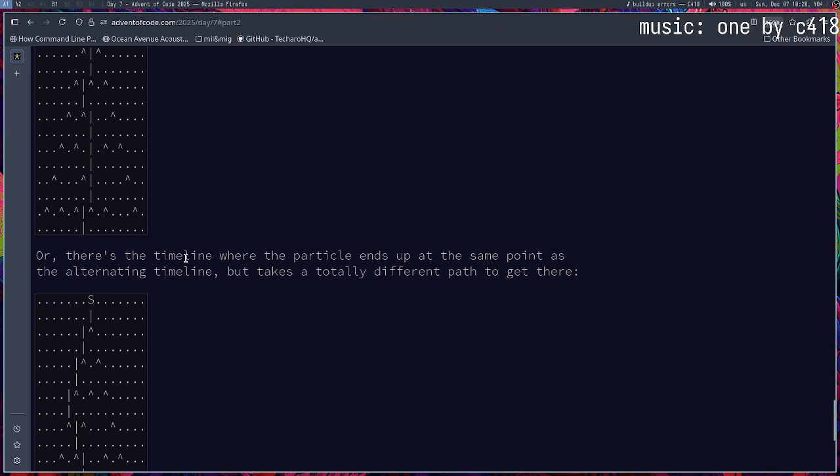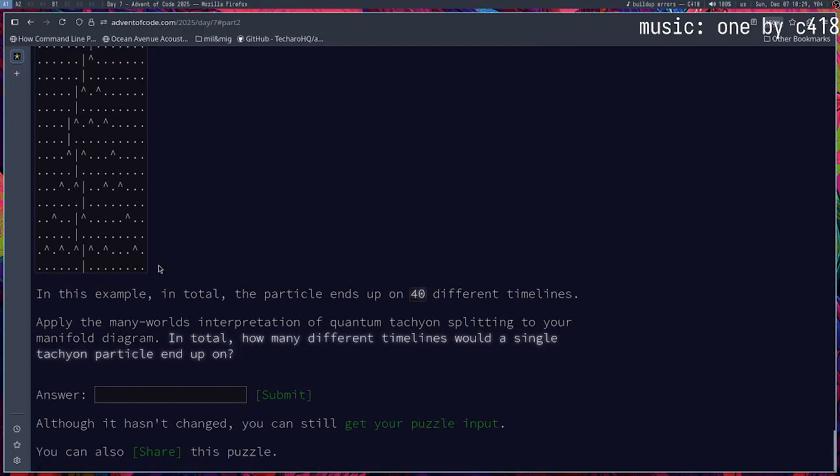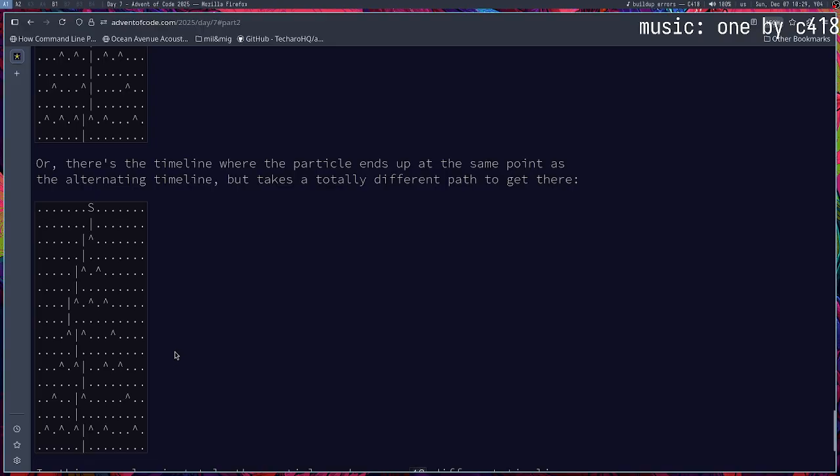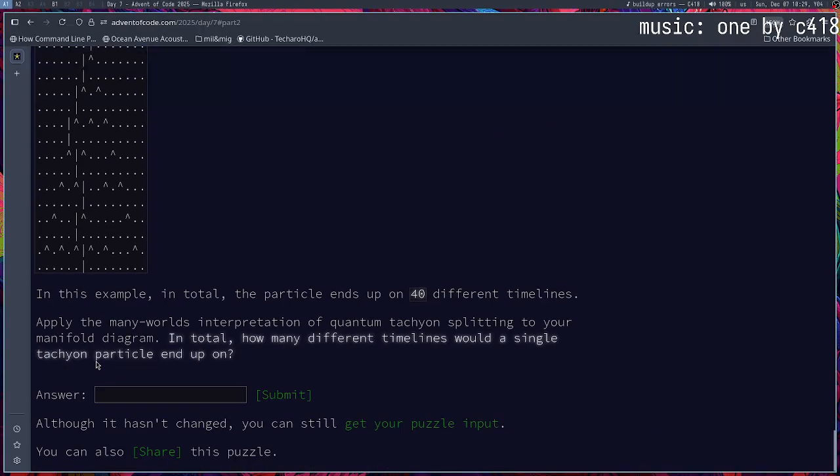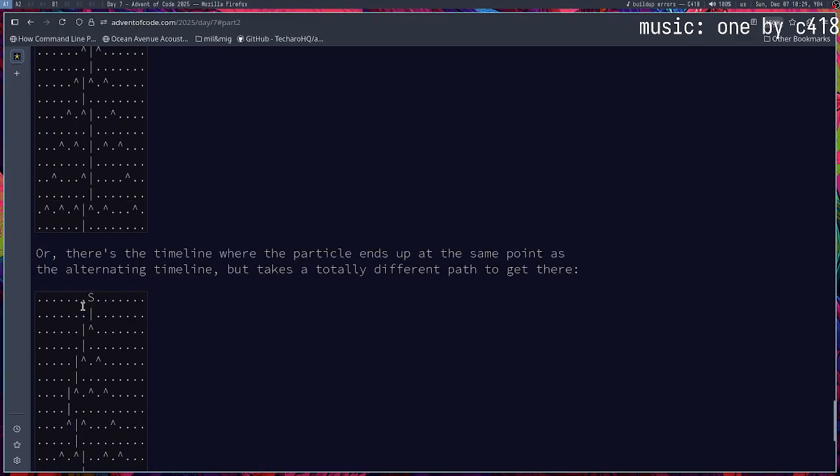Or there's the timeline where the particle ends up at the same point as the alternating timeline, but takes a totally different path to get there. In this example, in total the particle ends up on 40 different timelines. Apply the many worlds interpretation of quantum tachyon splitting to your manifold diagram. In total, how many different timelines would a single tachyon particle end up on?